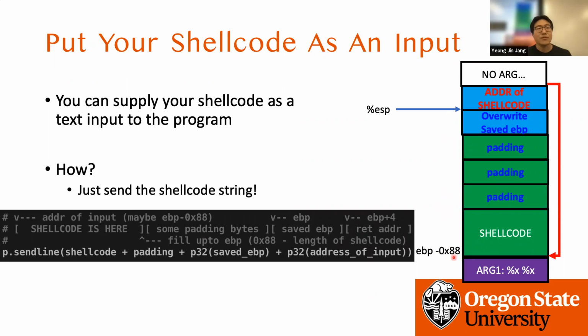Suppose your shellcode is short, maybe 30 or 40 bytes, then it's definitely less than 128 bytes. Some of the challenges allow you to have a 128-byte buffer. Then you can put the shellcode here, overwrite up to the saved EIP, and then put the address of the shellcode, actually the address of the start of the buffer. Then you can run the shellcode.